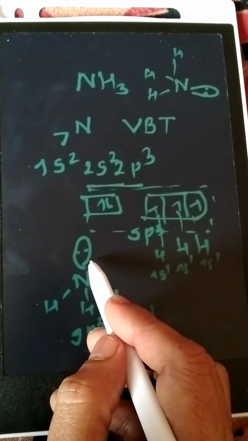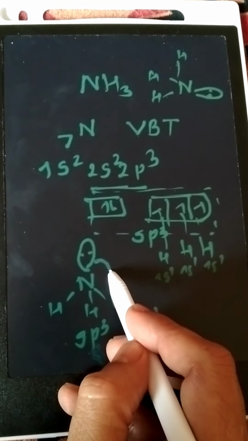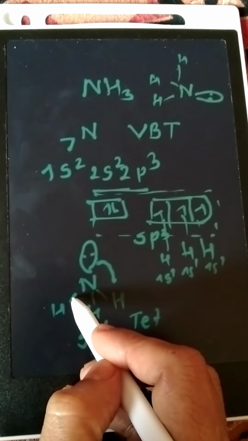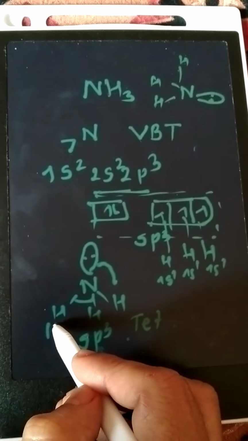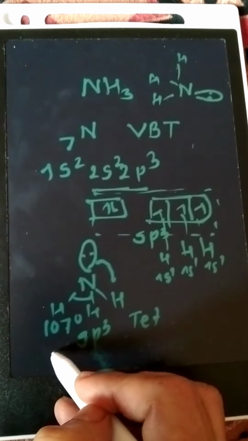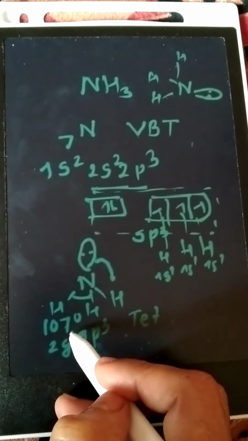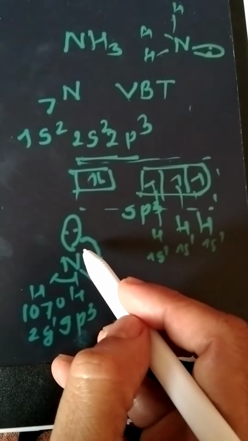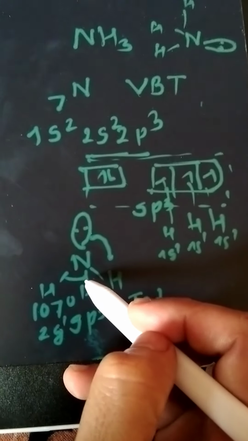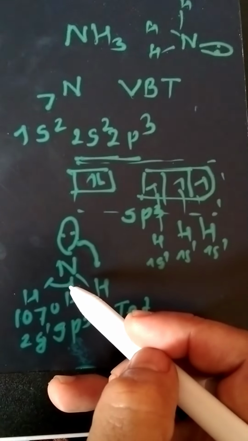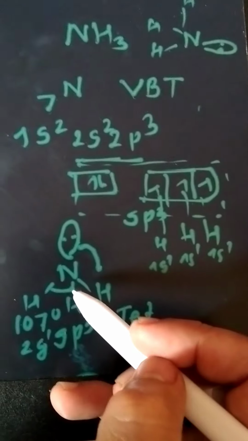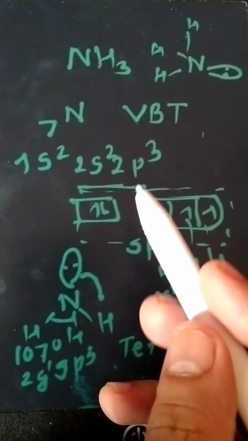The bond angle should be 109 degrees, but due to the repulsion of the lone pair on bond pairs, the bond angle becomes 107 degrees 28 minutes. So that happens in the NH3 molecule. Distortion of the bond angles and shapes is also explained by the valence bond theory. So it is a very useful theory for covalent molecules and coordinate molecules.